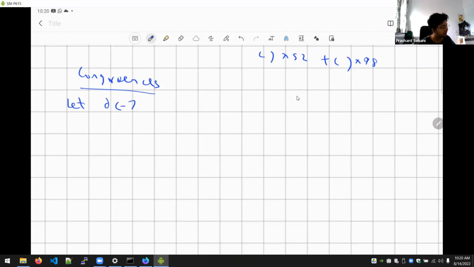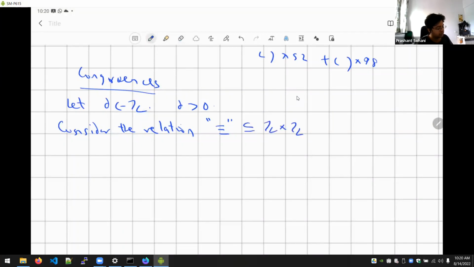Let us take some divisor, a positive divisor for now. We can temporarily give it some other name, but let's denote it with this symbol, congruence. This is a relation between two integers. So it is a subset of Z cross Z, which means that any pair a, b either belongs to this relation or it does not belong to this relation.